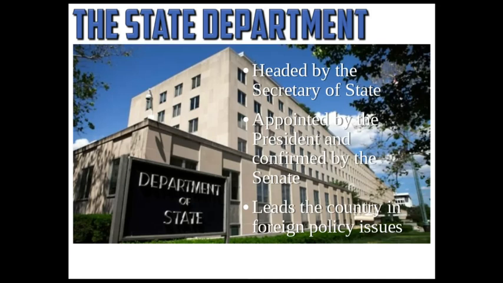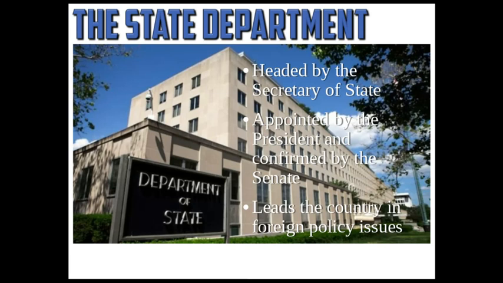It should tell you the importance that the founding fathers put on foreign diplomacy. Its duties include advising the President of the United States, administering the nation's diplomatic missions, negotiating treaties and agreements with foreign entities, and representing the U.S. at the UN, or the United Nations.